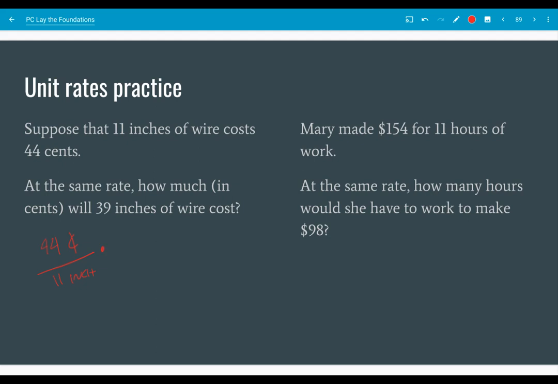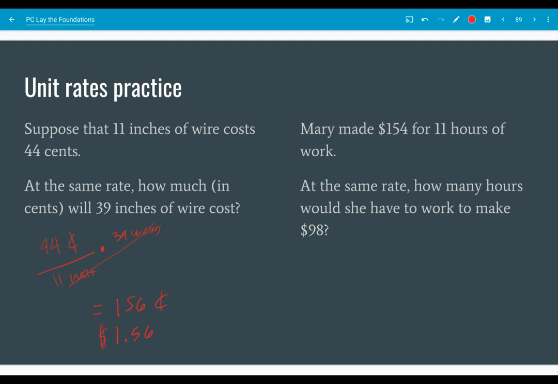Well, if we multiply this by 39 inches, our inches are going to cancel out. We're going to be left with pennies. So you do 44 times 39 divided by 11, and you get 156 cents, or $1.56.